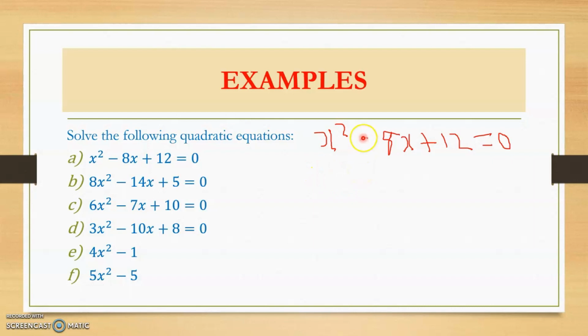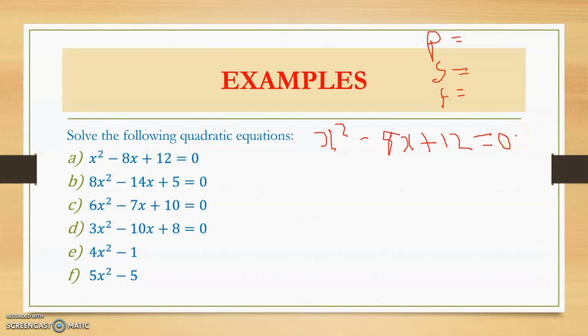So when solving quadratic equations, what you need to do is you first of all identify the product, then you also identify the sum, then you figure out the factors.